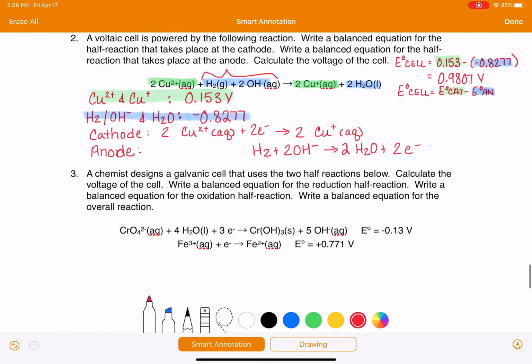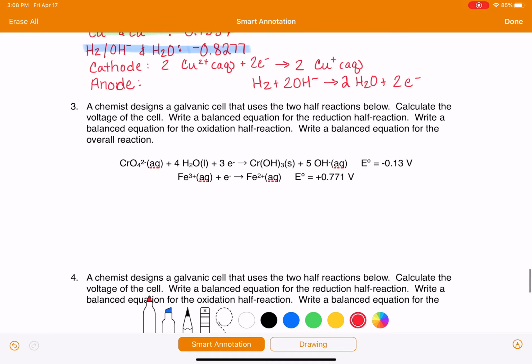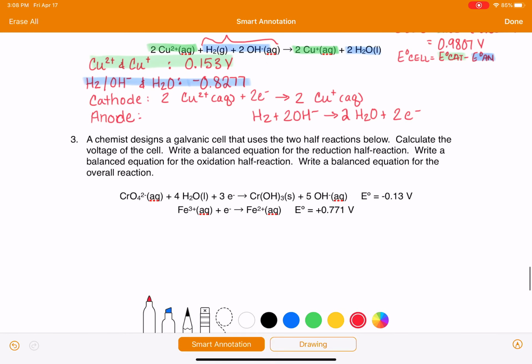Let's try it again. Let's see what's going on down here. A galvanic cell is designed using these two half reactions here. Calculate the voltage of the cell, and write a balanced equation for the reduction, the oxidation, and the overall reaction. So first thing we're going to do is calculate the voltage of the cell.